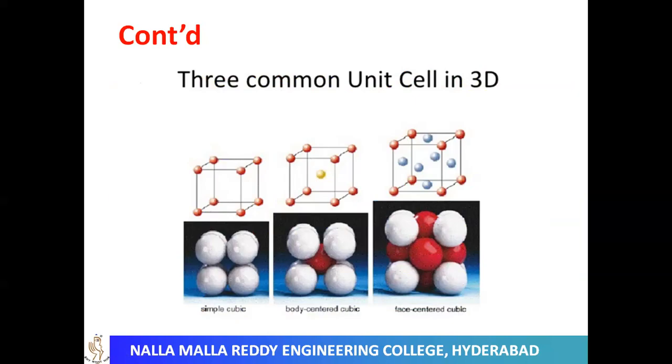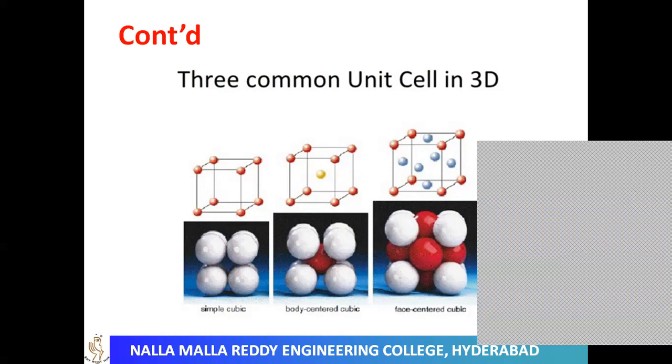We must know all this to know the varieties of unit cell. There are 3 types of unit cells. One is the simple unit cell. The second one is the body-centered cubic unit cell. The third one is the face-centered unit cell. All 3 types depend upon the way the constituent particles are situated.